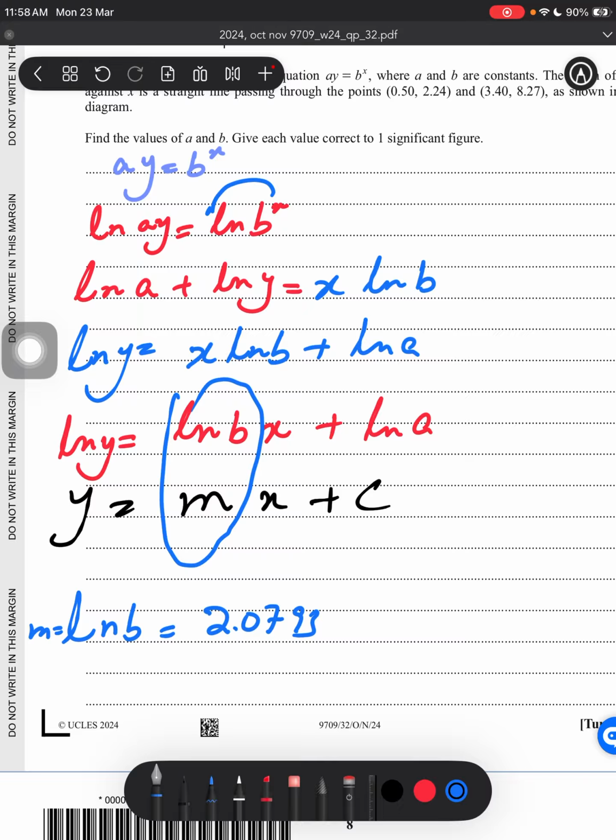If you solve ln of b, we know that b would be e raised to the power 2.0793. If you resolve that, you will get the value of b. So b would turn out to be 7.99, or we can just round it off to 8 also, because one significant figure was required.